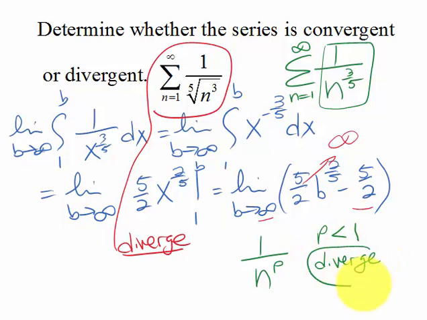So we could get there very quickly by using the p-series test and just recognize this as a divergent p-series. And the integral test works, but we don't have to go to all of that work if we can express it thinking of a p-series.